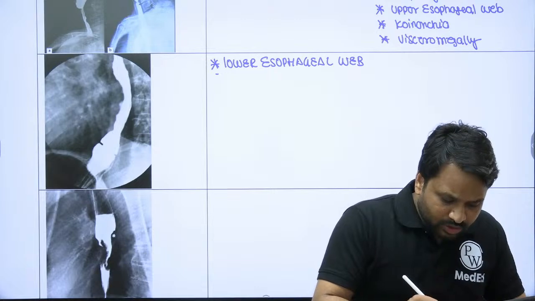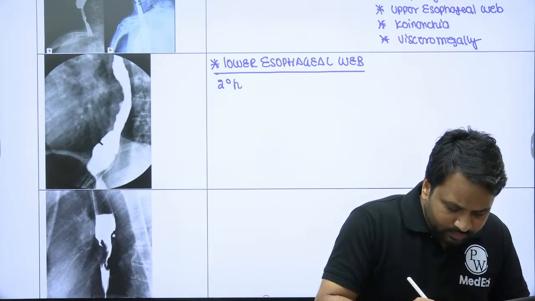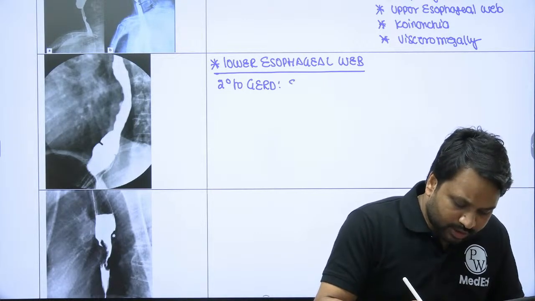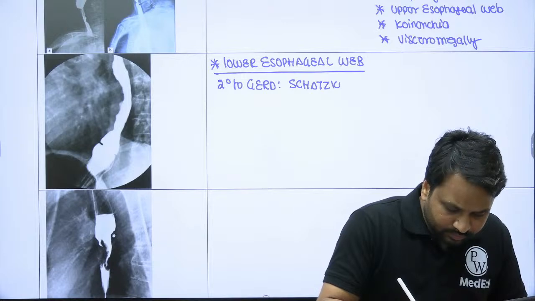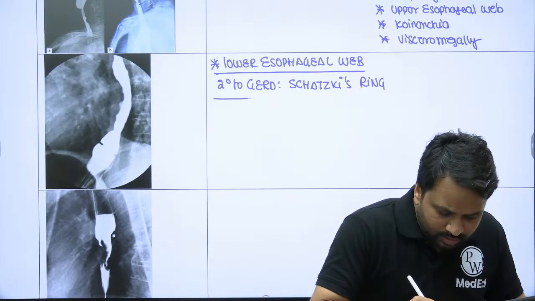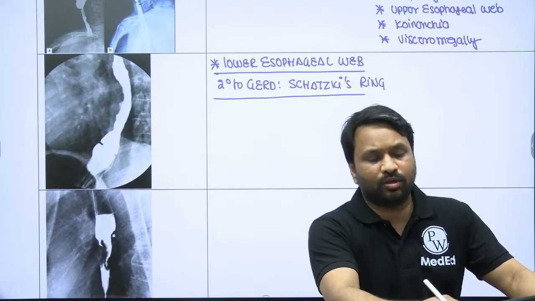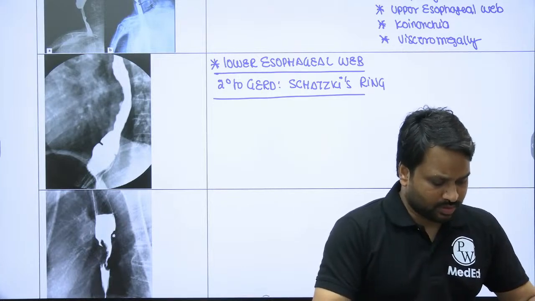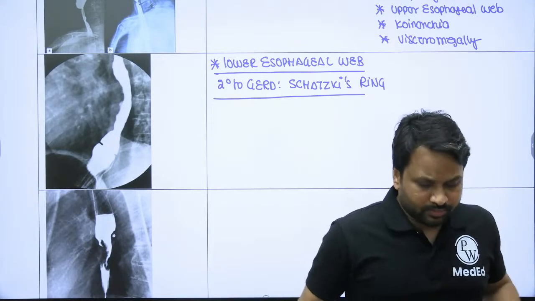This lower esophageal web, secondary to GERD, is what we call the Schatzki ring.